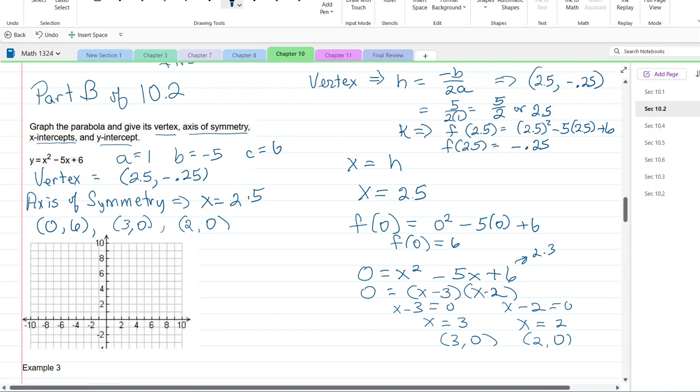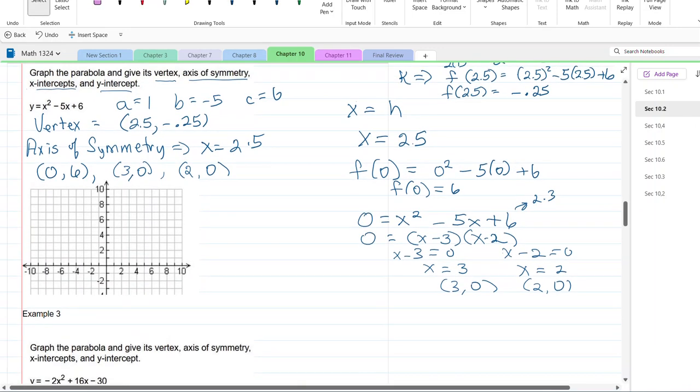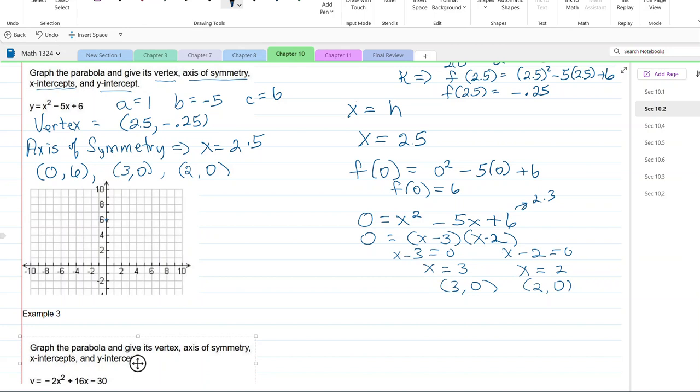All right. So they're going to ask you to choose the graph. And I decided I would get you to graph it. So we want (0, 6). And then we want (3, 0) and (2, 0) and the vertex (2.5, negative a quarter).